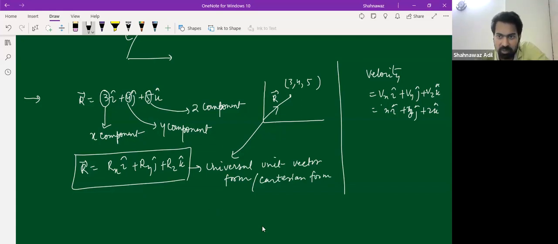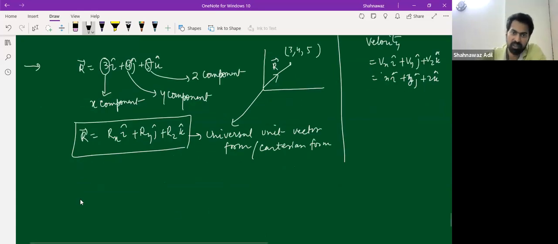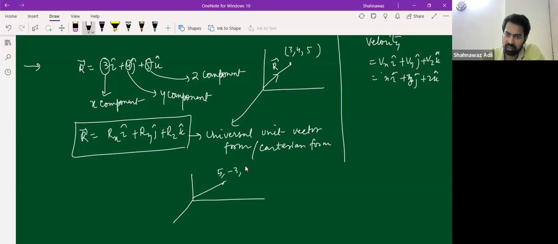Let me write this point. Let's say we have 5, -3 and 4. So what would be the position vector, guys? 5 i cap minus 3 j cap plus 4 k cap.